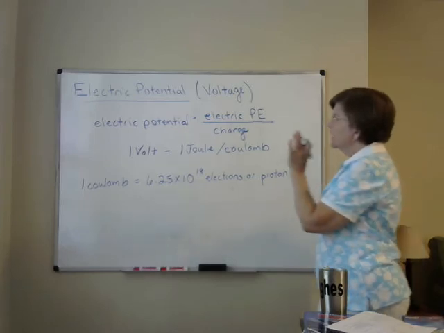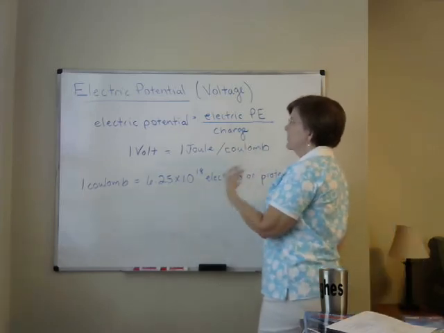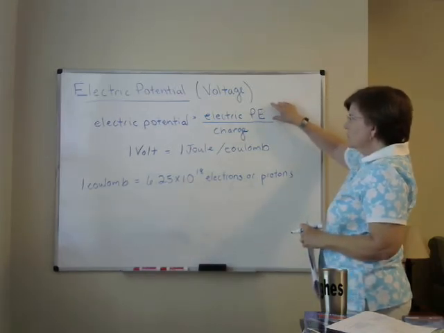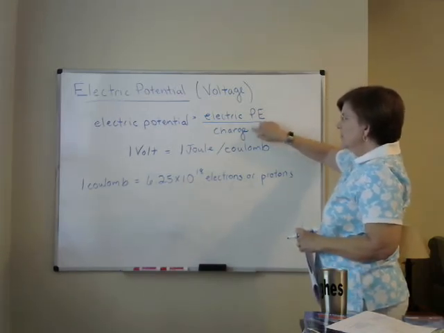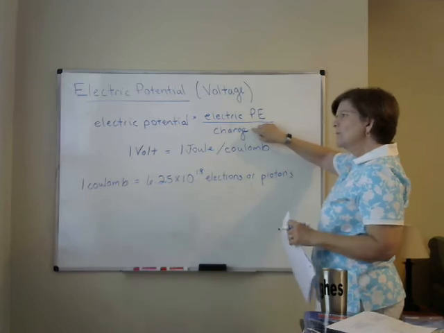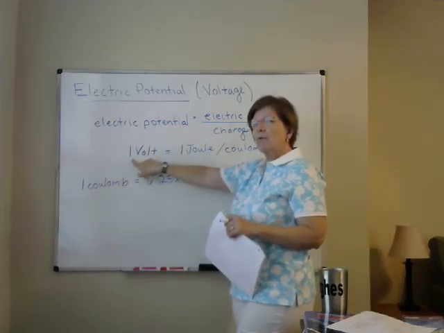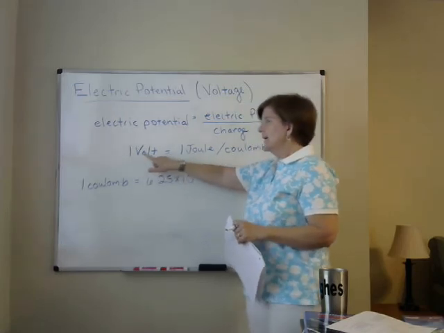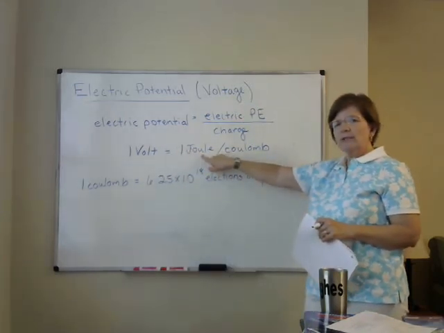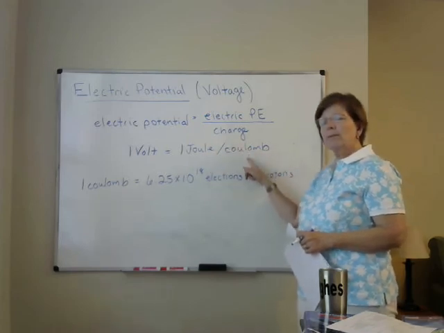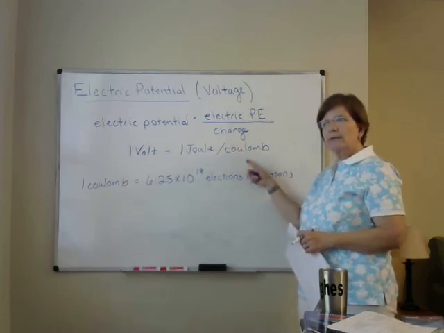Okay. Electric potential, voltage, tells you the electric potential energy per unit of charge. What does that really mean? Well, if you've got a 9-volt battery, it gives 9 joules of electric potential energy to every coulomb of charge that flows through it.